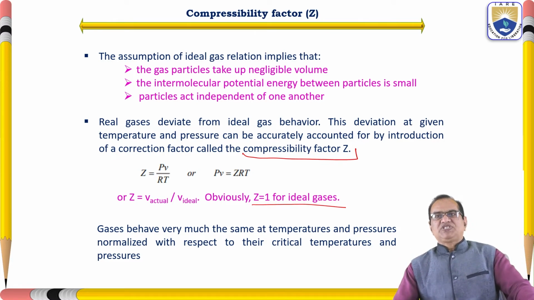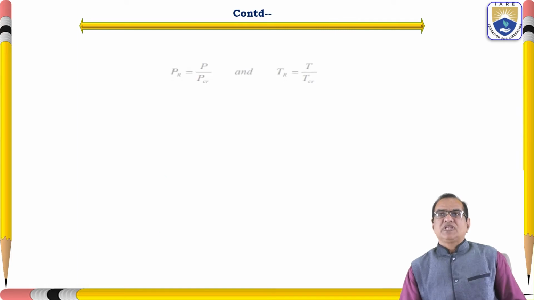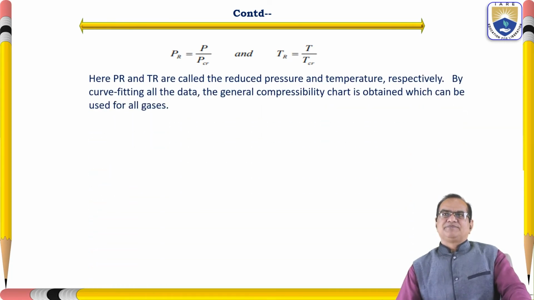Gases behave very much the same at temperatures and pressures normalized with respect to their critical temperature and pressure. So if you normalize the pressure and temperature with respect to their critical pressure P critical and critical temperature T critical, then PR is equal to P by P critical and TR is equal to T by T critical.